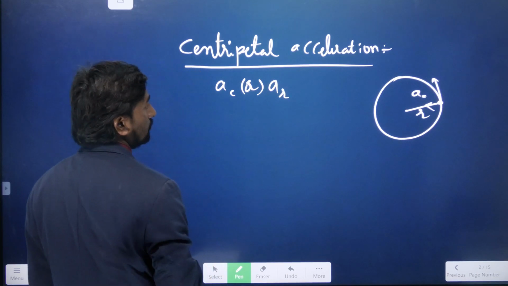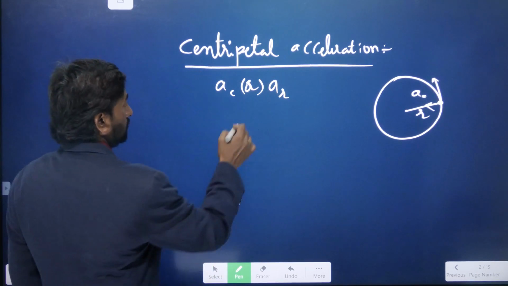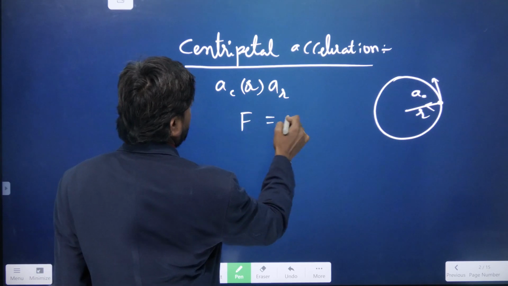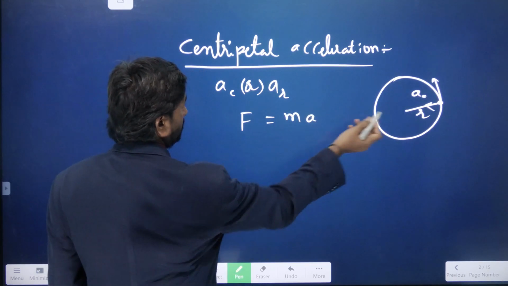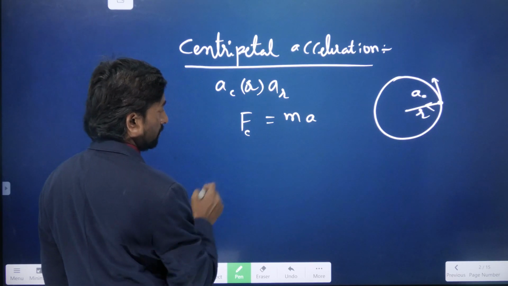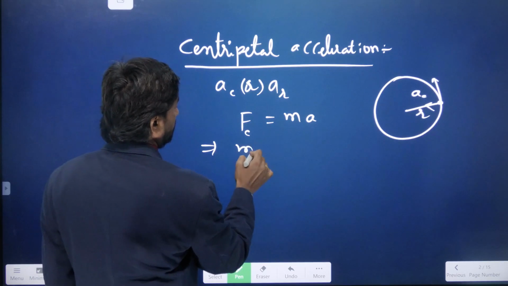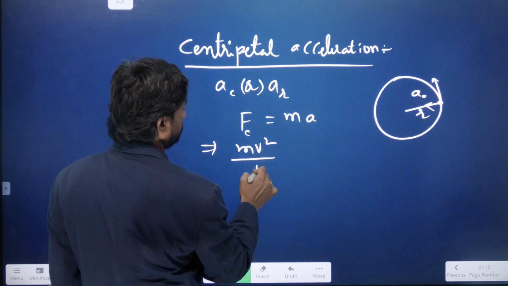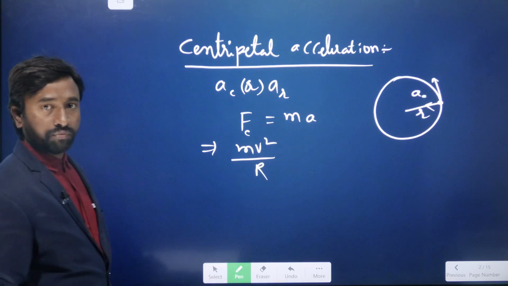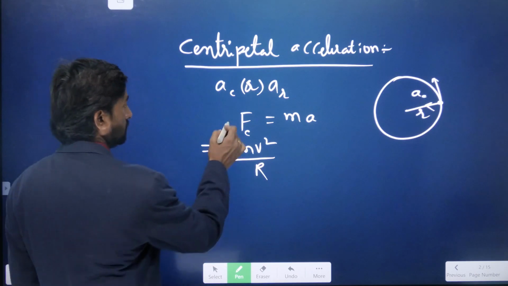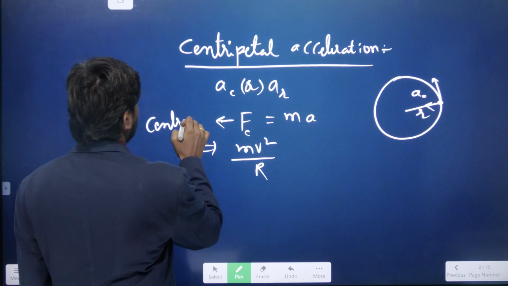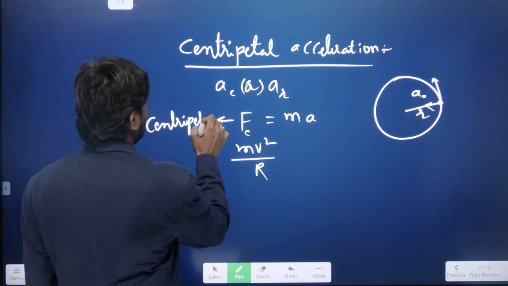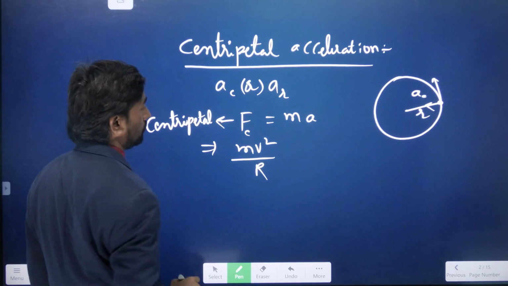Okay. So we know that the force acting on the particle is mass into acceleration. So centripetal force formula, m into v square by r, will be the centripetal force. This is a centripetal force.